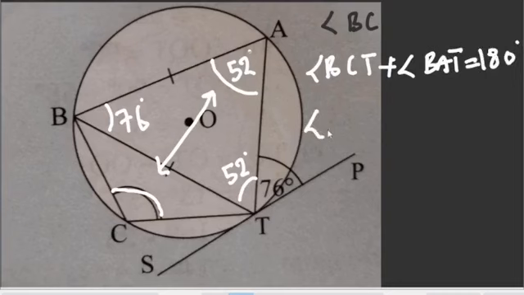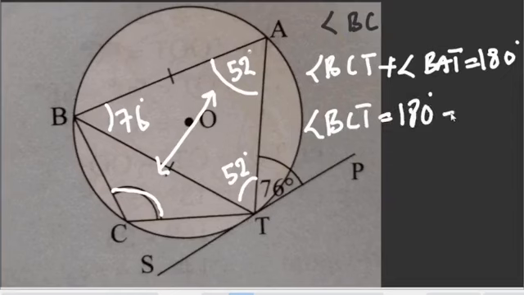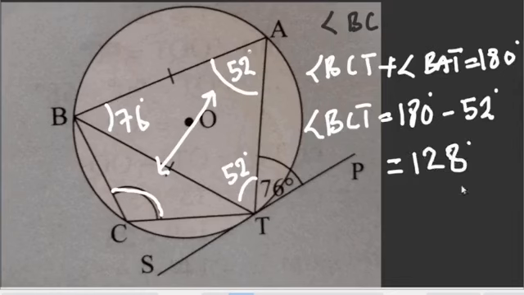So angle BCT equals 180 degrees minus angle BAT, which is 52 degrees. When we subtract 180 minus 52 degrees, this will give us 128. So here we are going to have 128 degrees.